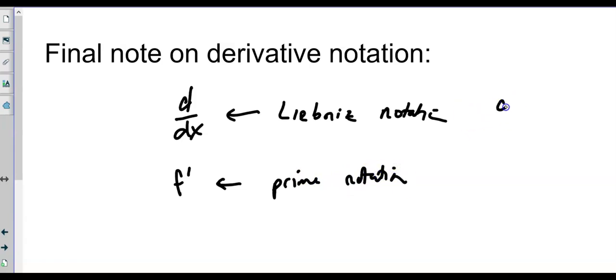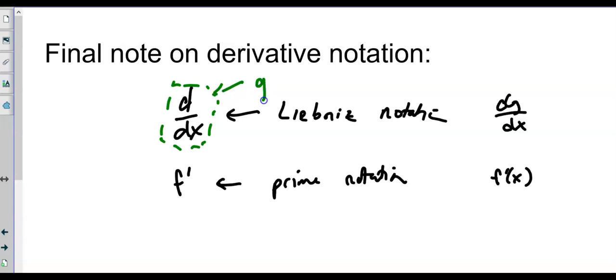You may also see dy dx. And you may see f prime of x. d dx is only used when you're telling somebody you are going to take the derivative. And then f prime, and dy dx, we'll go over those parts afterward.